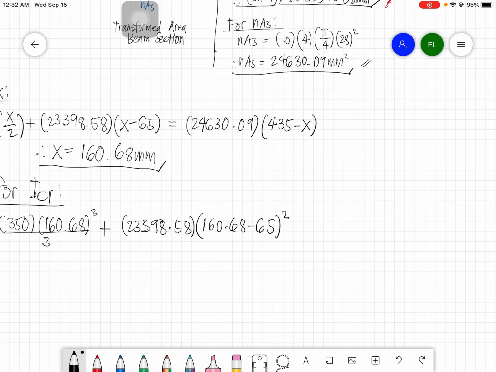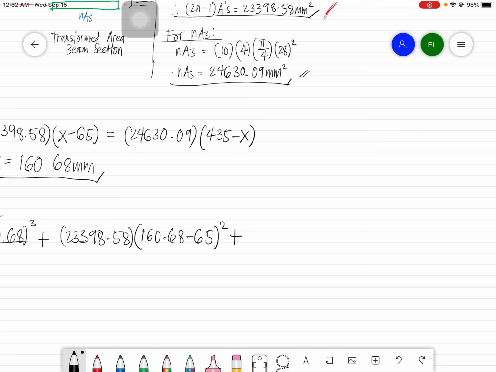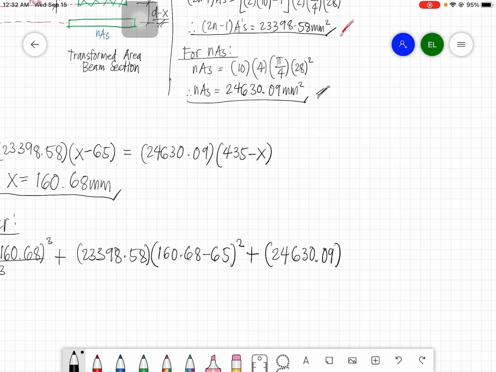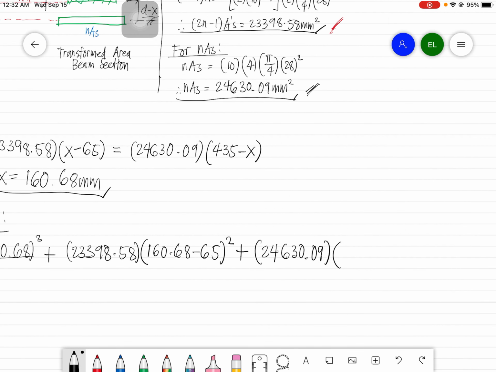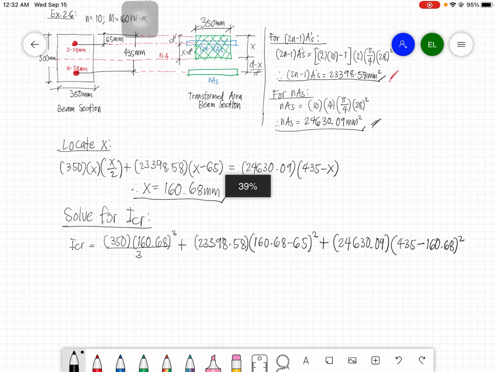Okay, so that is for the compression steel bar. And lastly for the tensile steel bar, which is the nAs, which is 24,630.09, then the d squared there is d minus x, so 435 minus 160.68, squared. Okay, so I hope it's clear already.